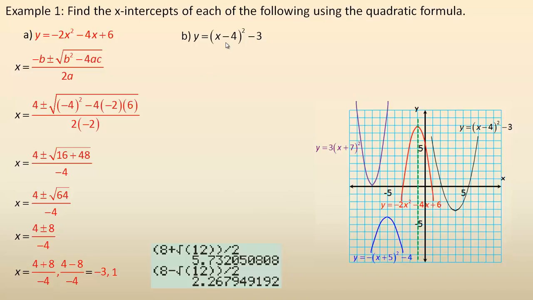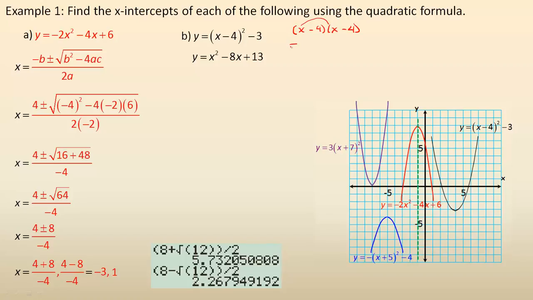So in order to use the quadratic formula, I need to expand out this x minus 4 squared. I'll do it beside the graph here. So x minus 4 squared means x minus 4 times another x minus 4. We're just expanding these together.